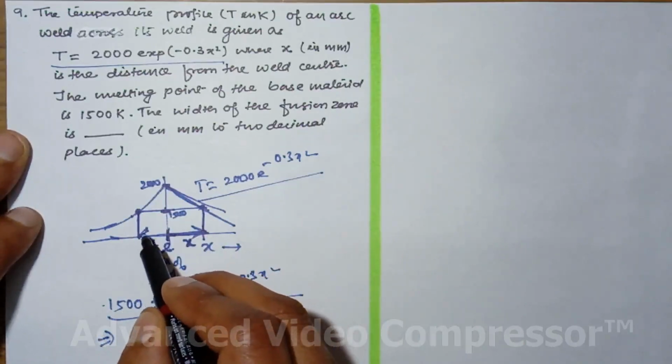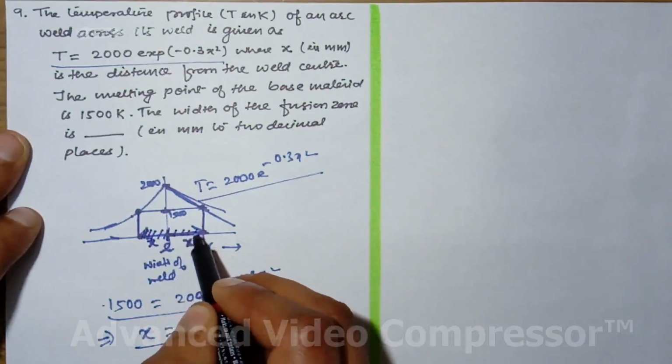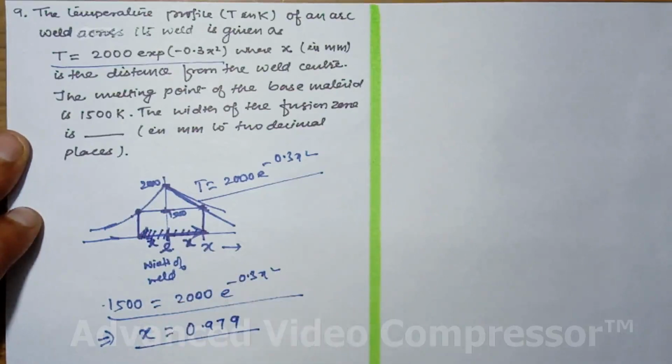So width will be equal to 2x equal to 2 into 0.979, that is 1.958 mm.